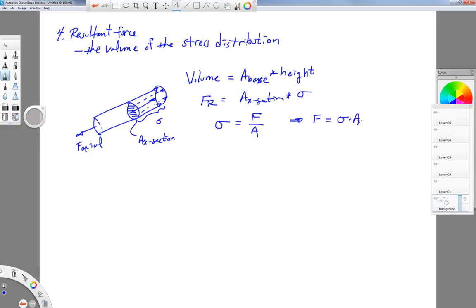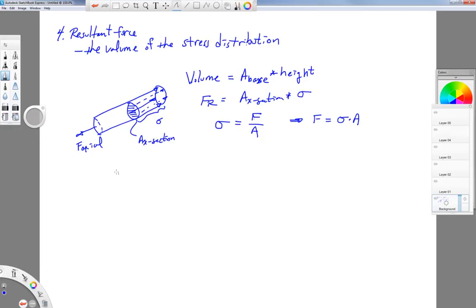If you do not have a uniform stress distribution, the resultant force is still the volume of the stress distribution, but you may have to use some more sophisticated ways in order to figure out what the volume of the stress distribution is. You may have to use calculus. You may have to do an integral.